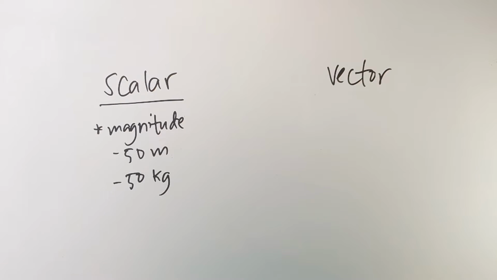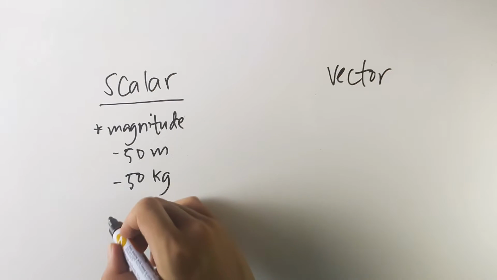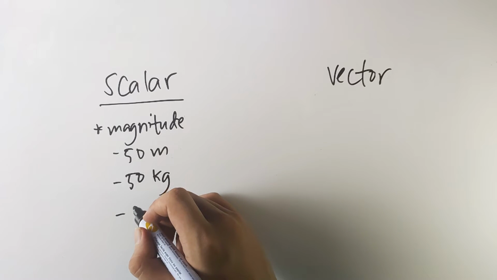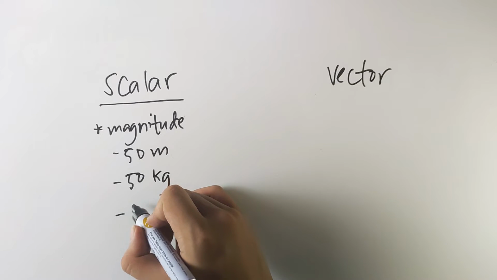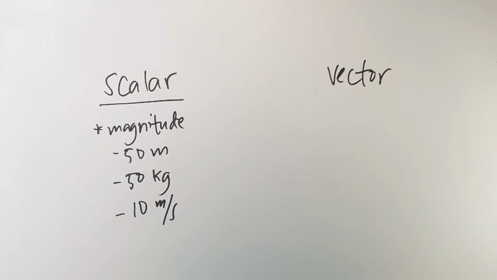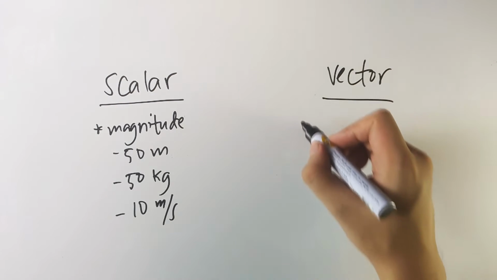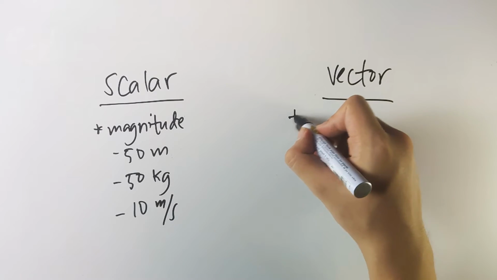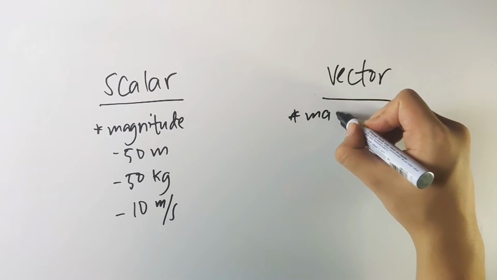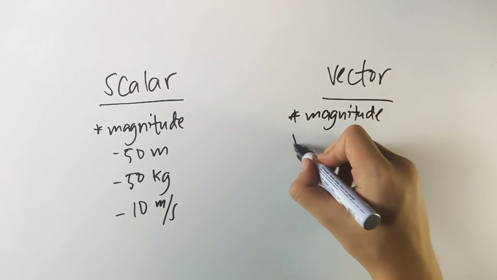Or you're biking at a speed of 10 meters per second, let's say. For vectors, it includes magnitude and direction.